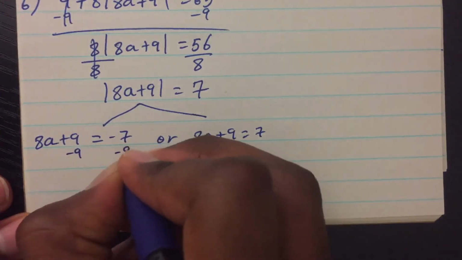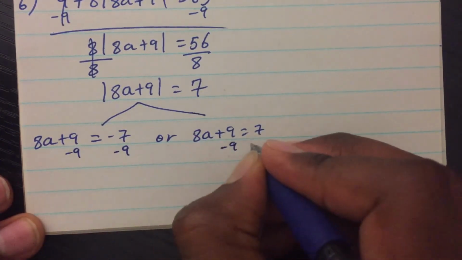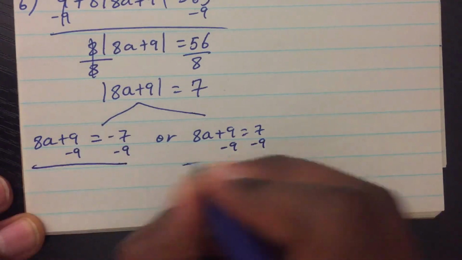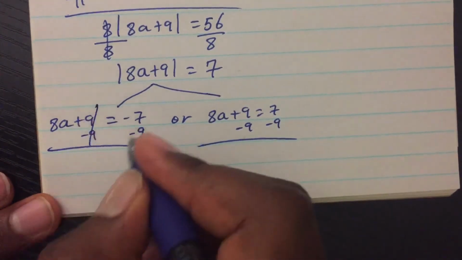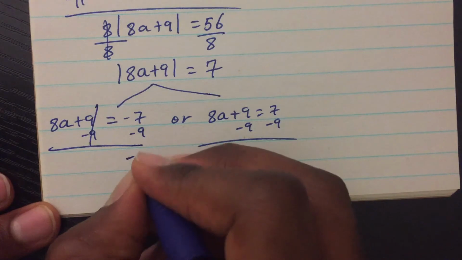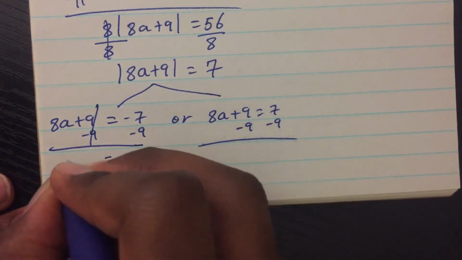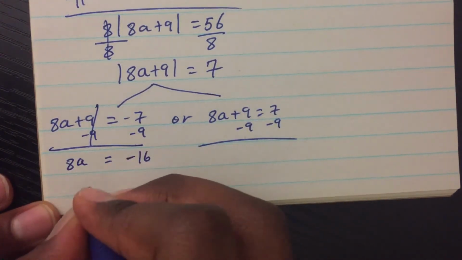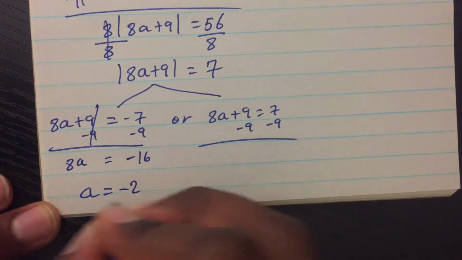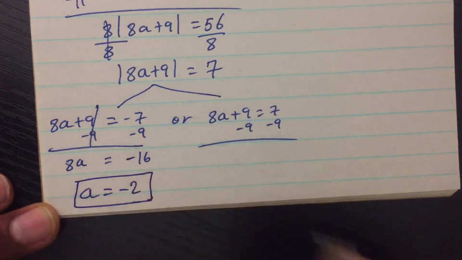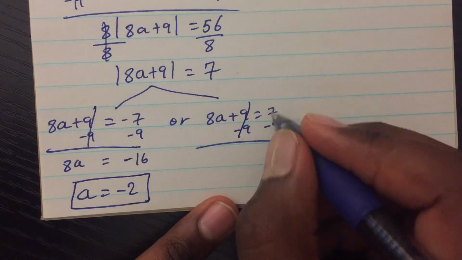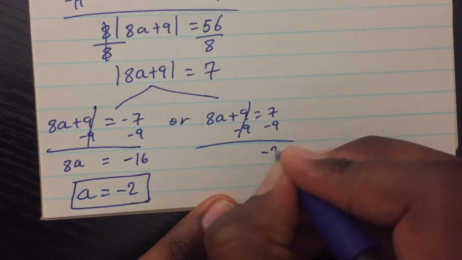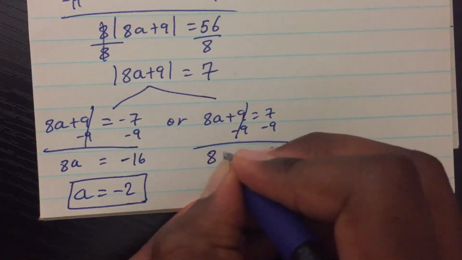Subtract 9 from both sides in each equation. This right here gives you a negative 16 equals 8a. Divide by 8 to get a equals negative 2. And then over here, 7 plus negative 9 is negative 2 equals 8a.